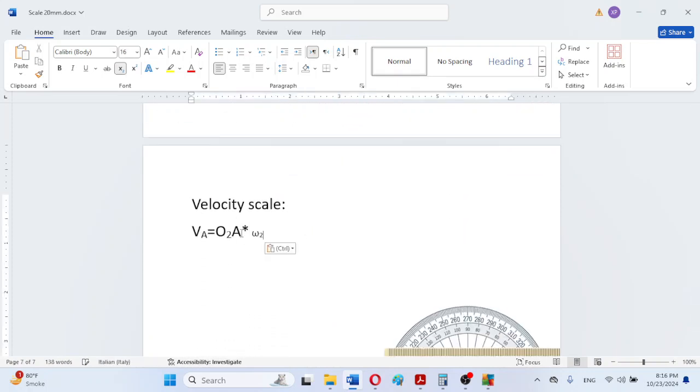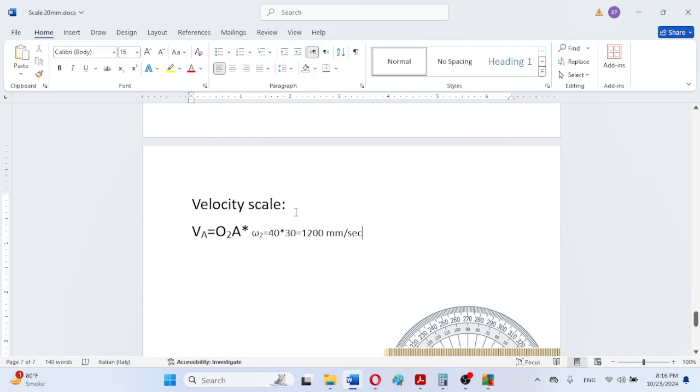As we can observe, O2A is 40 millimeter multiplied by omega 2, which is equal to 30. So this comes out to be 1200 millimeter per second.